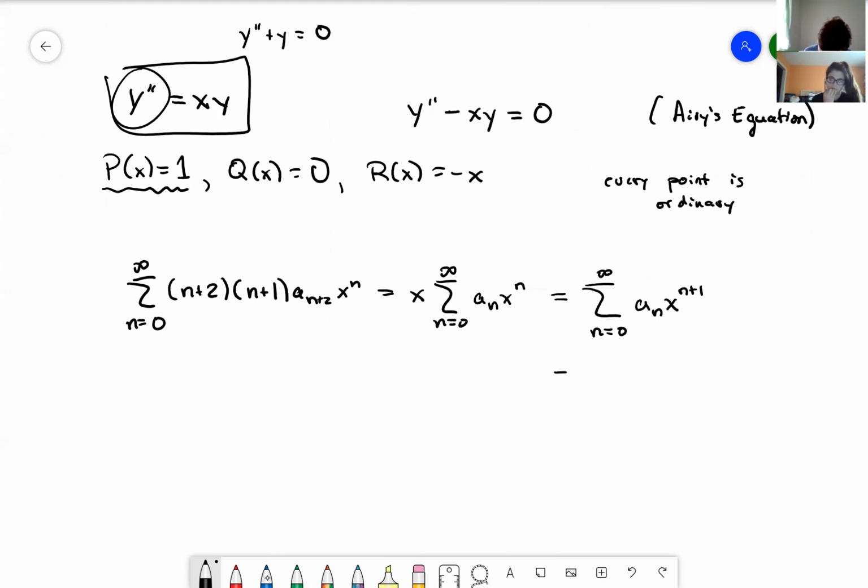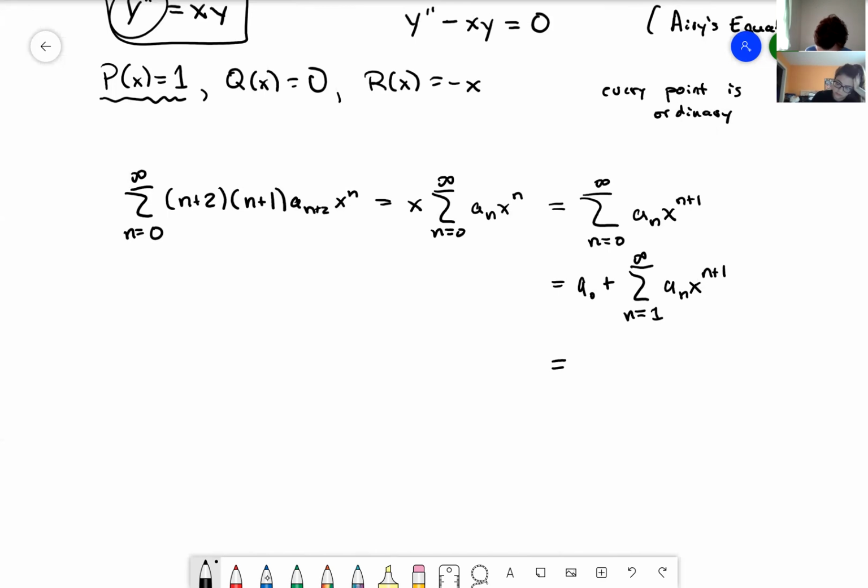So what I can do is rewrite this thing as a0 plus, well, let's do it in two steps, the sum from n equals 1 to infinity a n x to the n plus 1.